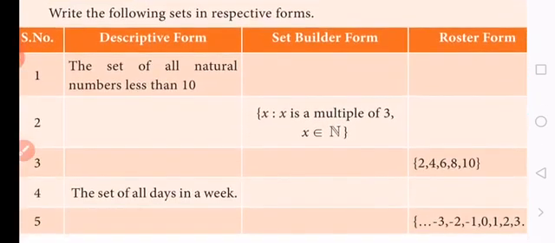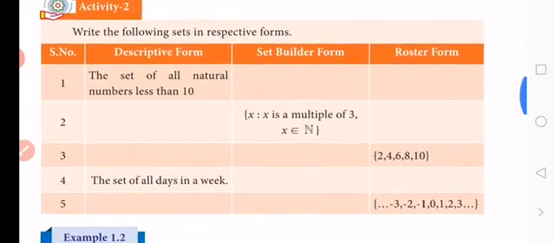Next, one of the activities: write the following sets in the respective forms. There are 5 sentences, 2 sentences in descriptive form, 1 in set builder form, 2 in roster form. So tomorrow's homework is to fill all the boxes.